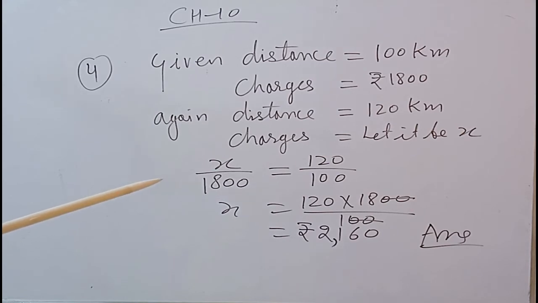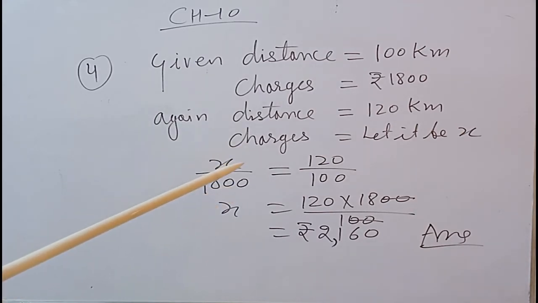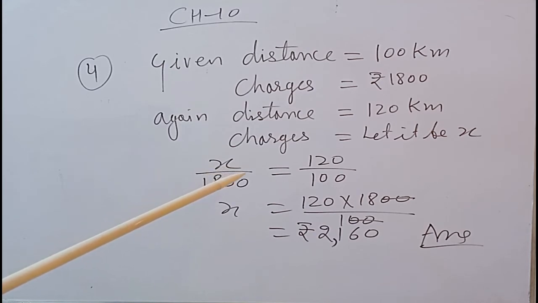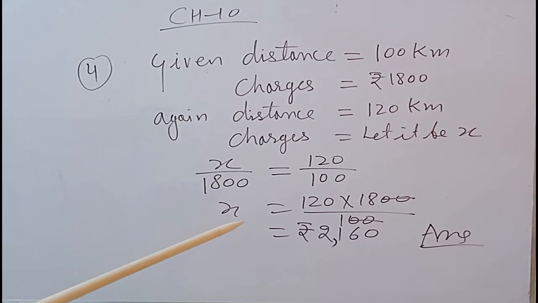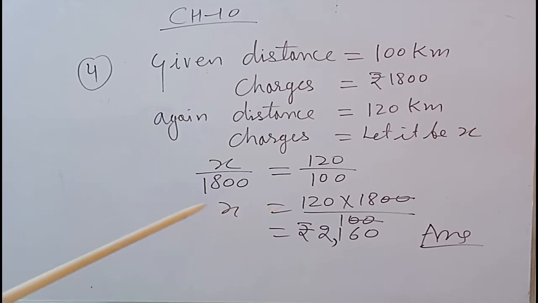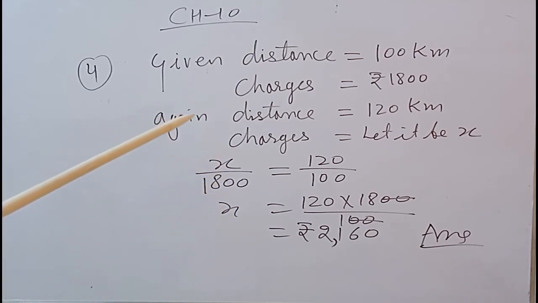So x upon 1800 equals 120 upon 100, or 1800 will multiply to the numerator of the right hand side. That gives x equals 120 into 1800 upon 100. 20 cancels with the 20 of 1800, and 120 multiplied by 18 gives rupees 2160. So x equals 2160. That is the charge for covering the distance of 120 kilometers.